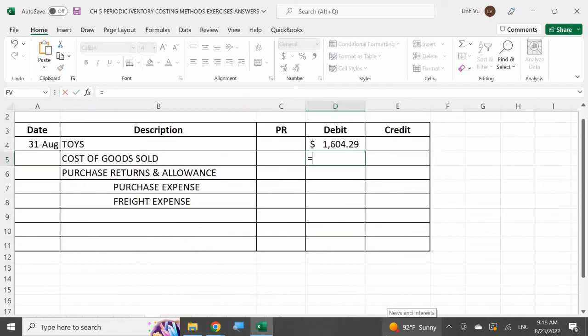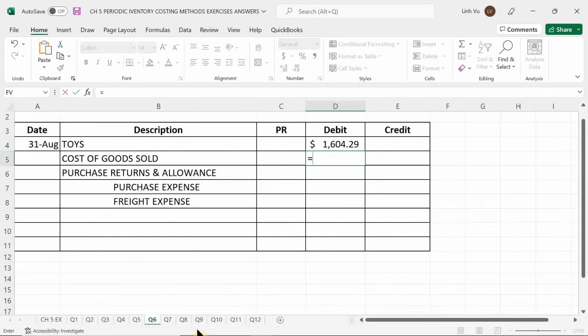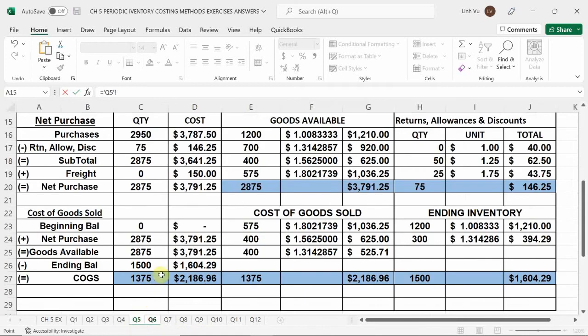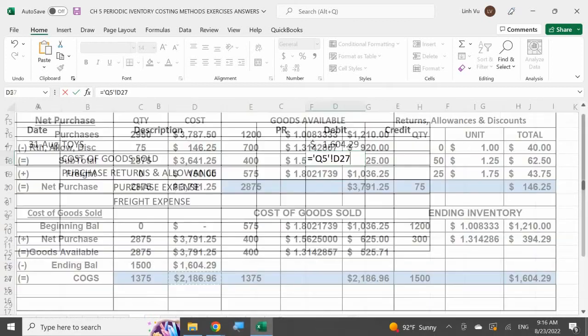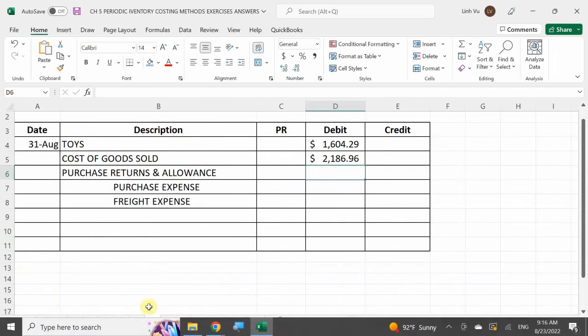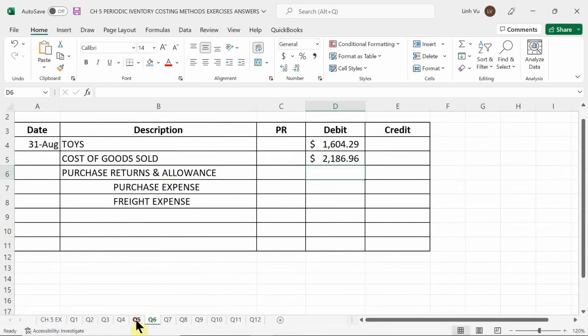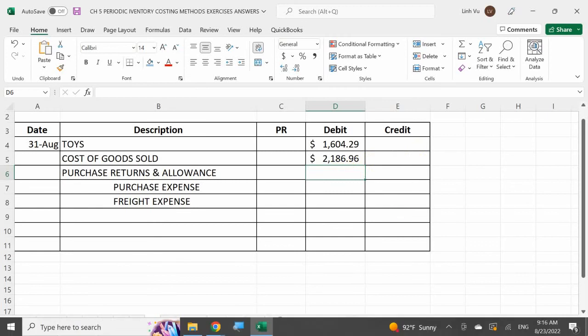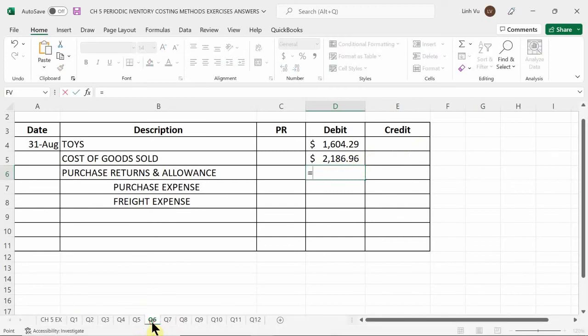Okay. So starting with the first one, what was the total value of my ending inventory? $1,604.29. Good. What was my total value of my cost of goods sold? $2,186.96. Good. And then let's see, what was my total returns and allowances? $146.25.